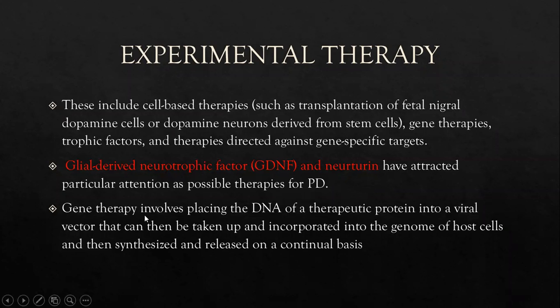Gene therapy involves placing a part of DNA for a therapeutic protein into a viral vector, which is taken up and incorporated into the genome of the host cell, and then synthesizes the proper protein, which is released continuously to prevent the loss of dopaminergic neurons.